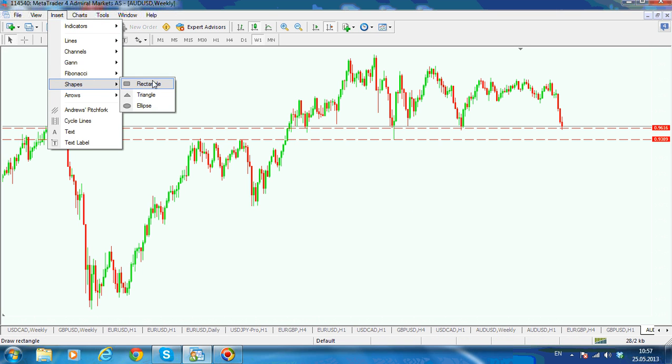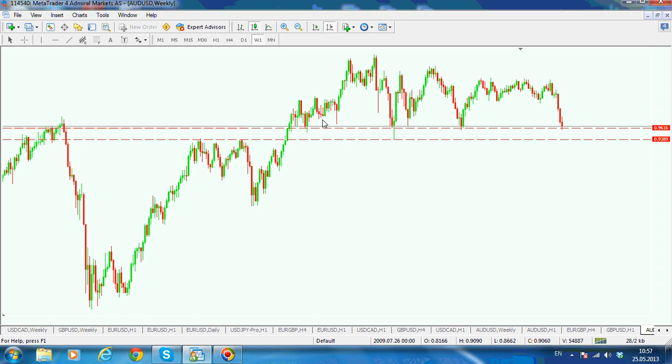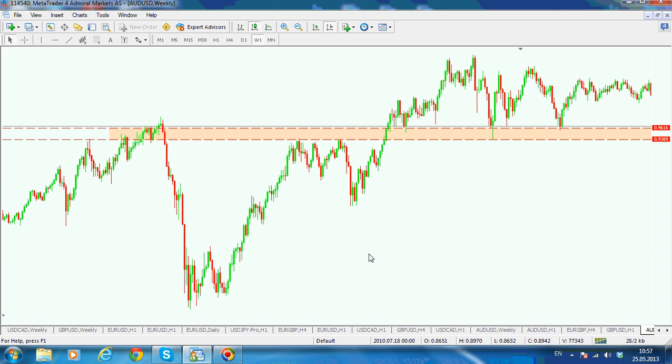Let's take a shape and try to highlight this area like this. Now, I would say that this area that you are seeing in front of your eyes is an extremely important area in terms of market geometry and how price reacted when coming from the downside, for example.